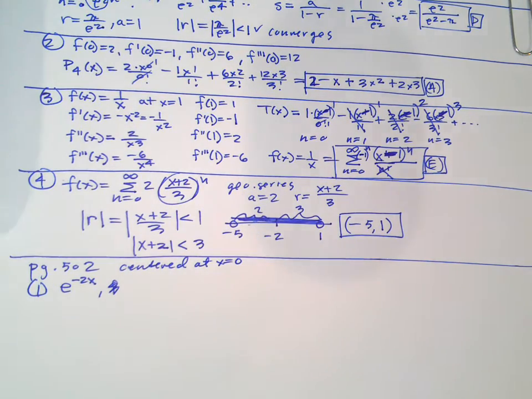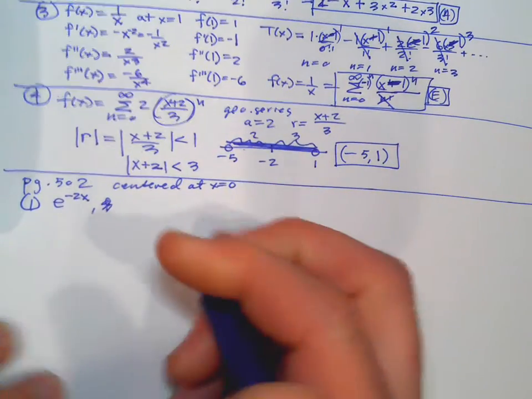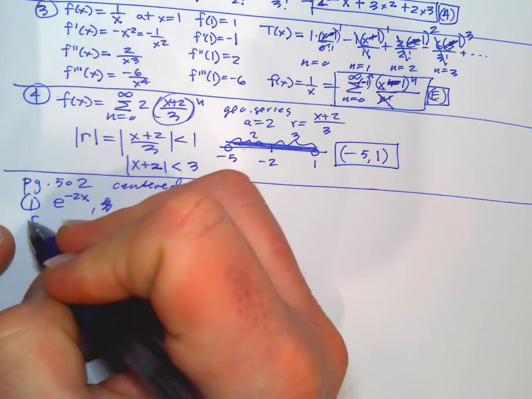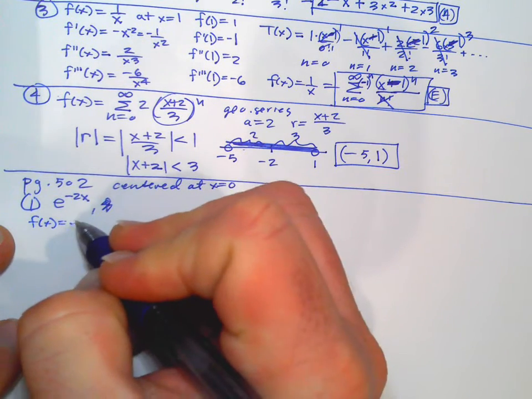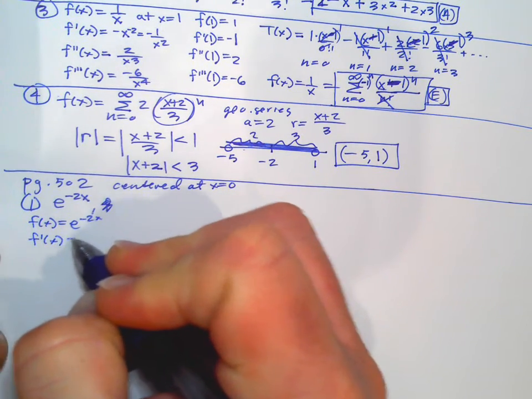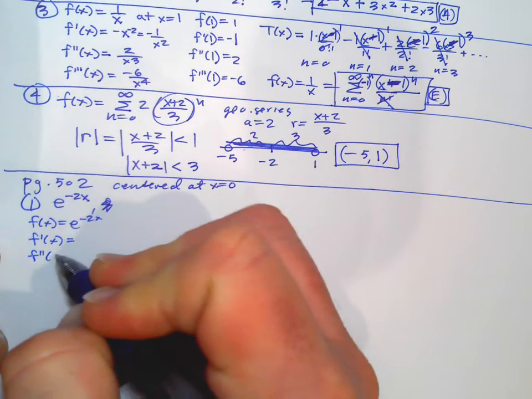And I mean, so we have some options. I'll show you a couple different ways on some of these. I mean, we could say, okay, well, let's build it. Let's find all the derivatives to the fourth derivative.